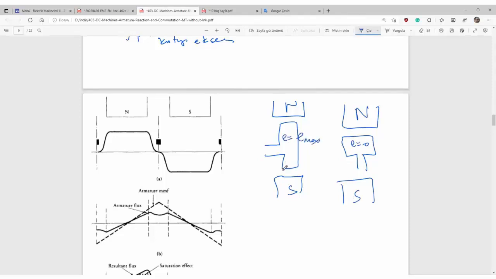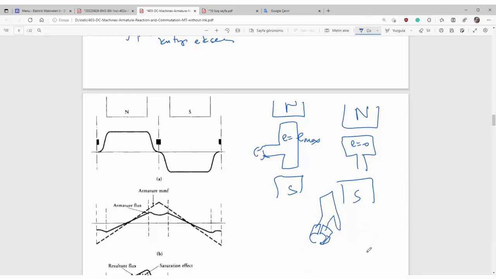Now, again, remember the commutation process. Those two ends are connected to commutator segments. Let me show you such a half circle. Those are the commutator segments connected to that coil.